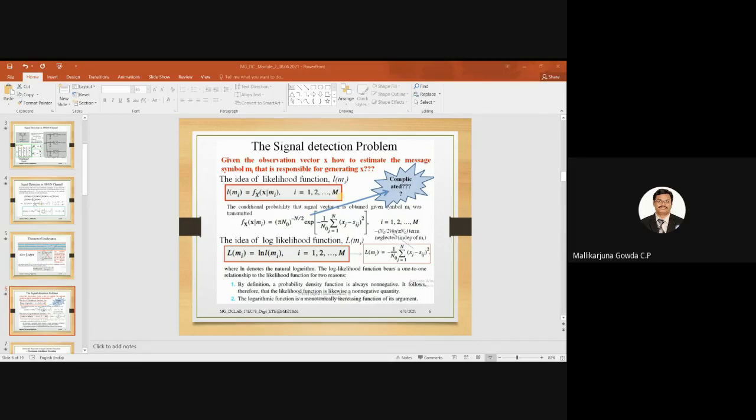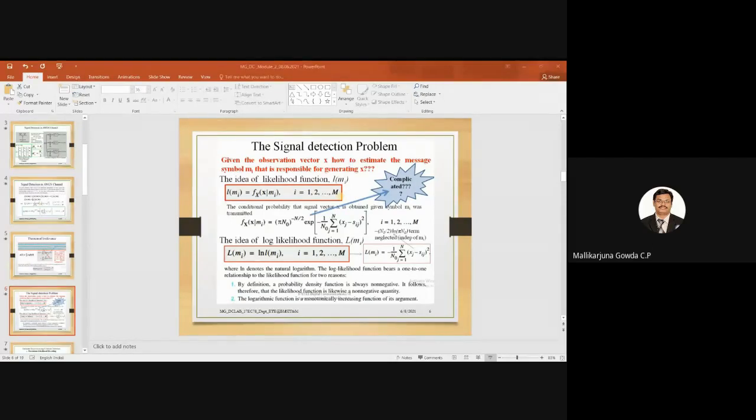To simplify the understanding as well as the computation of this, we go for the log likelihood function. The log likelihood function is denoted as capital L of m suffix i, which is equal to the natural logarithm of the likelihood function.